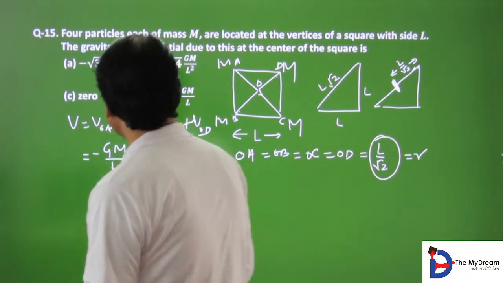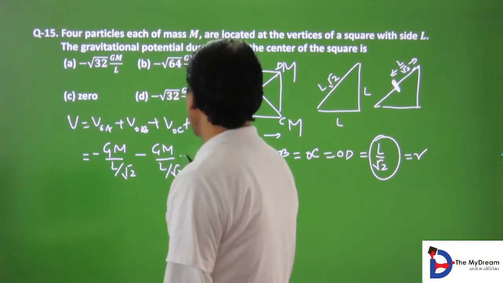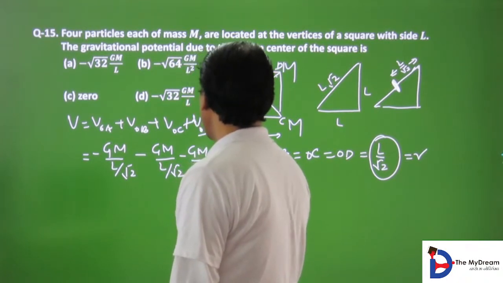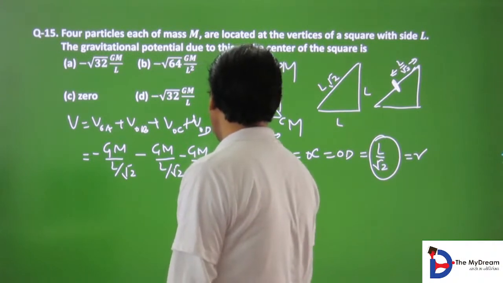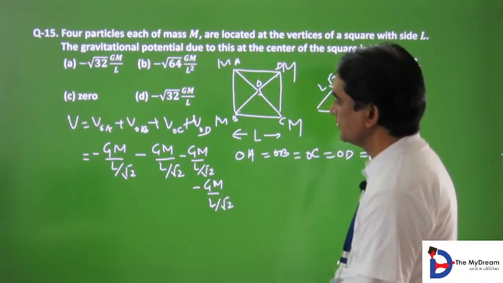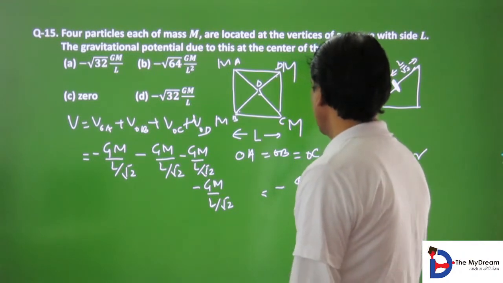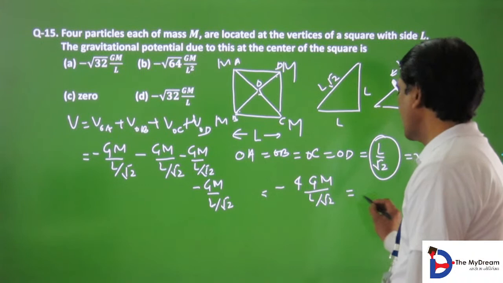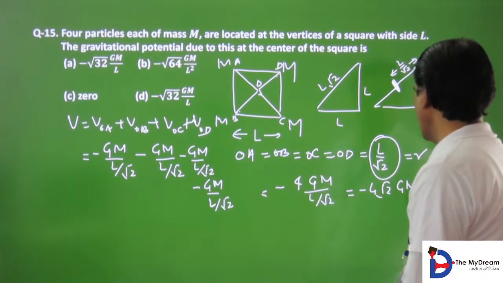This is GM upon L by root 2, GM upon L by root 2, GM upon L by root 2. This is 4 GM by L by root 2. So the answer is minus 4 root 2 GM by L.